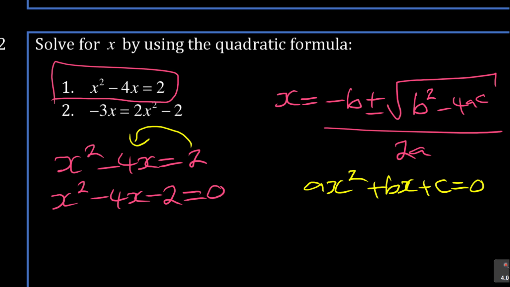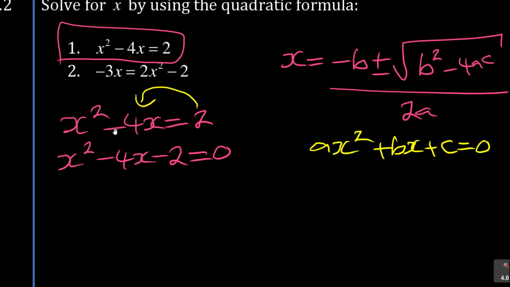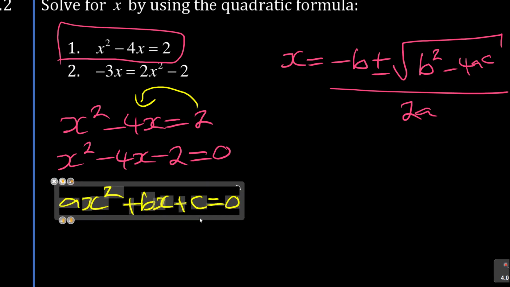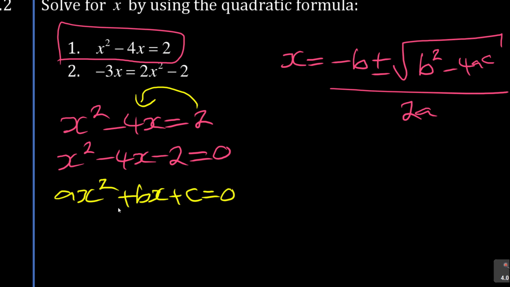Please, if you can match this here, if I take it in and match it down here, you can see what is my a. So a is not showing, there is a hidden one there. So you are able now to say, okay, for x squared, this is my a. For x, this is my b.